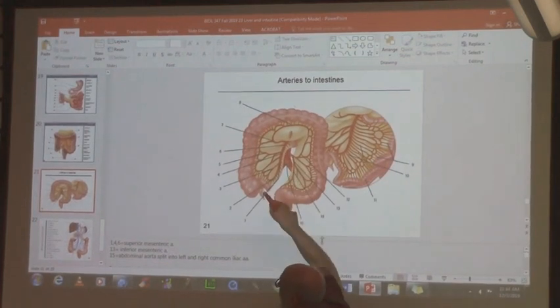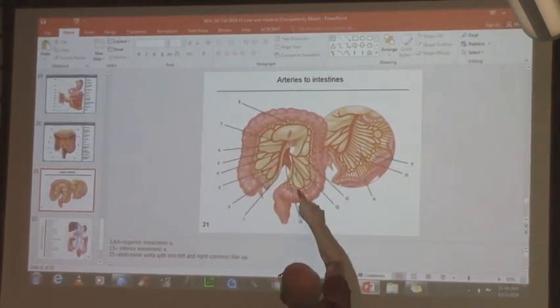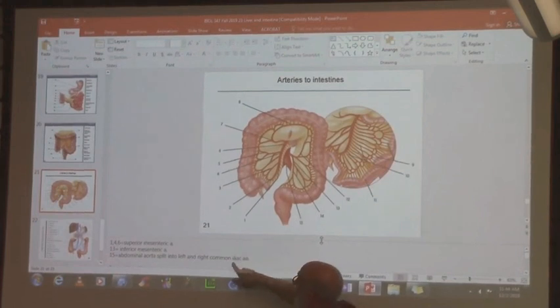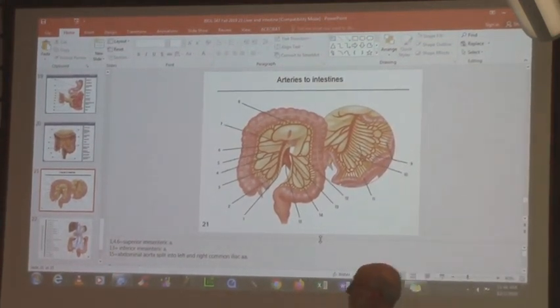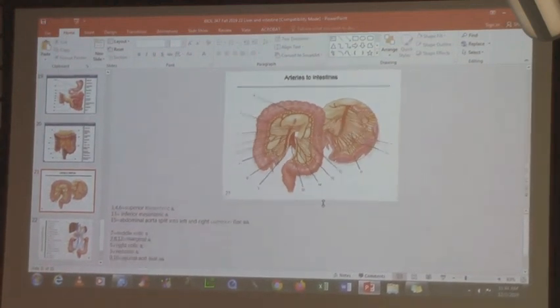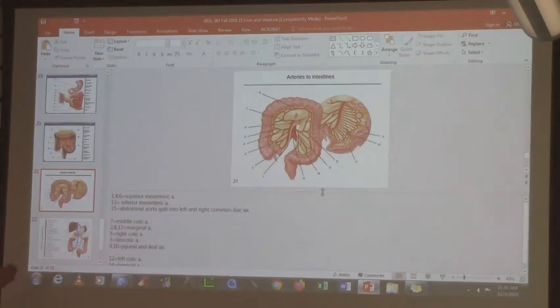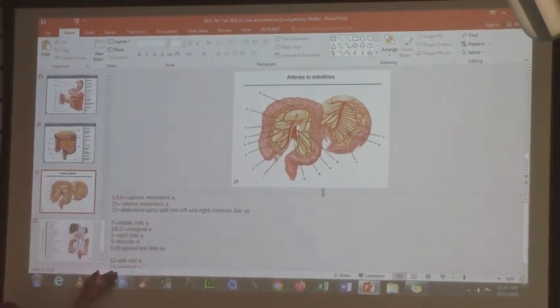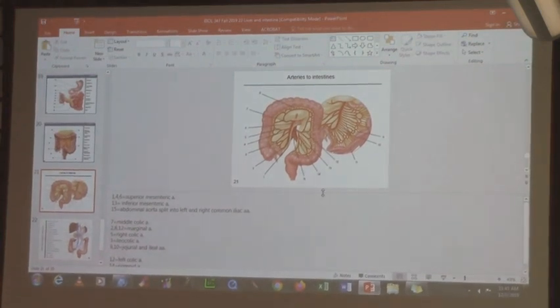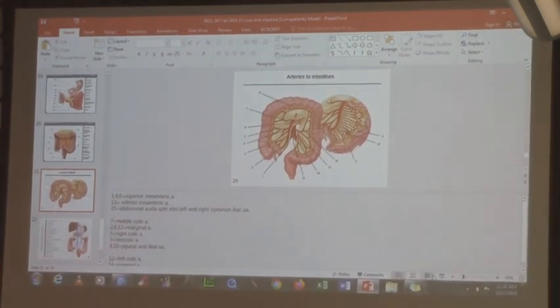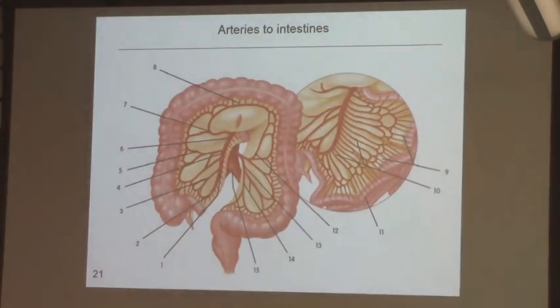That one. There's the abdominal aorta splitting into the left and the right common iliac. Those are the ones that I think are fair game. There's a bunch of others. If you want to show off, you can learn the names of these others. That's arterial blood to the intestines.